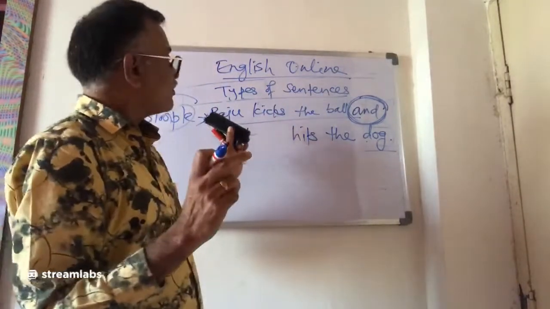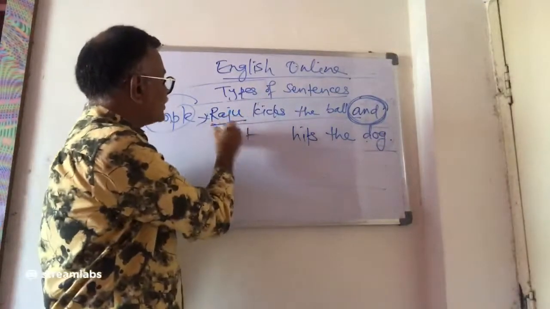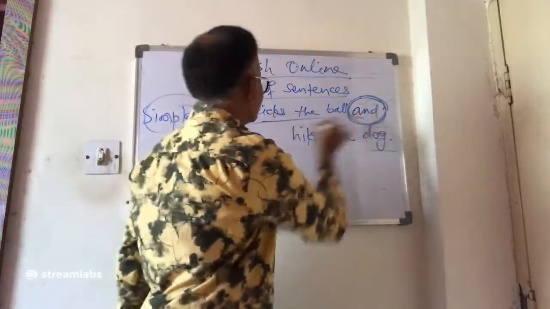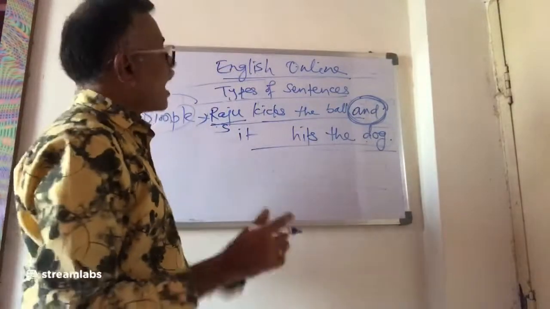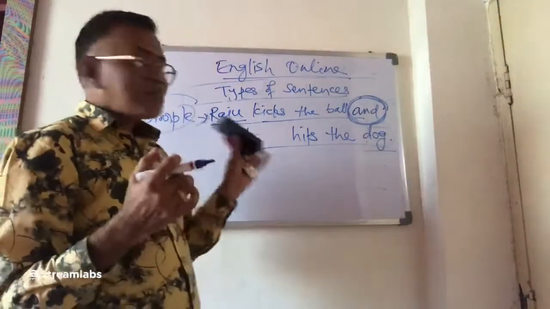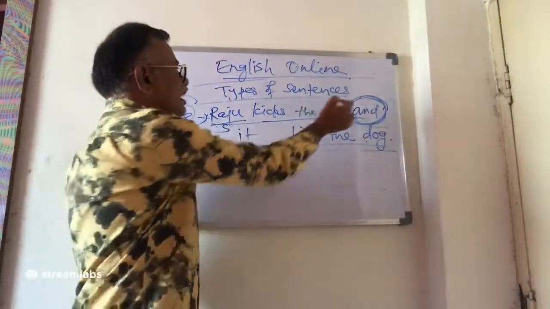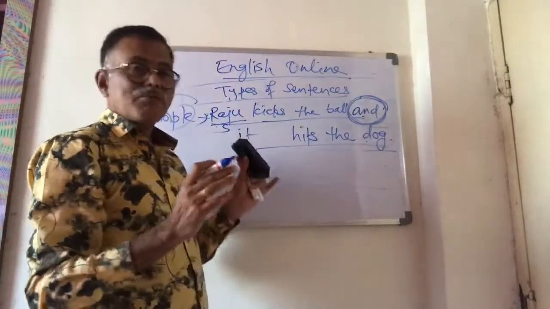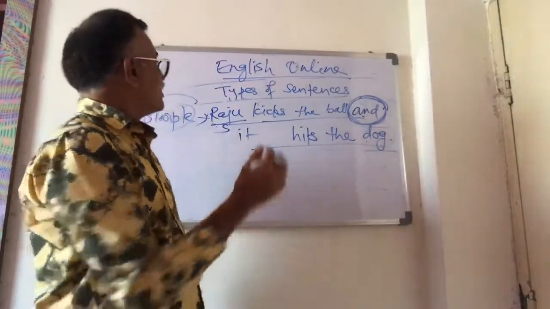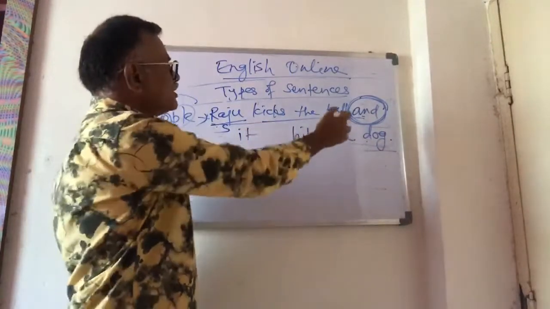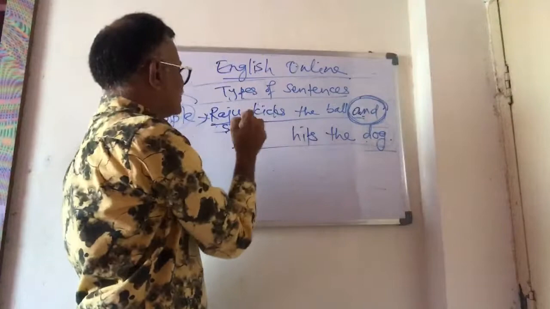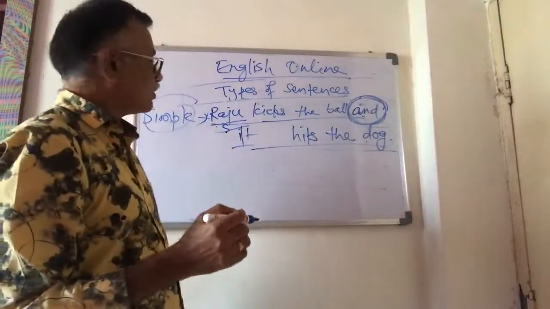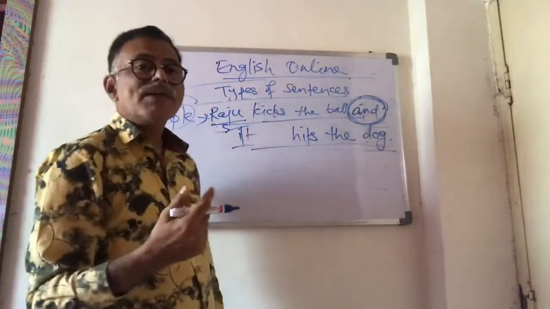Here we find this one, as usual, as the subject. The remaining part becomes the predicate. However, in a compound sentence, if we separate the compounding word, then we get a separate meaning out of that. Here, if we remove this and and simply put a full stop, there will be two different sentences.